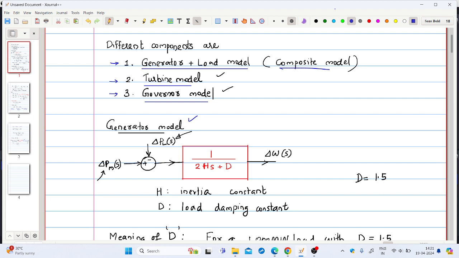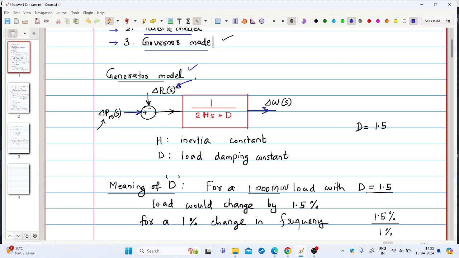On the input side you have a summing block, and the inputs are the change in mechanical power delta Pm and the change in load power delta PL, and the output of this transfer function is the change in frequency delta omega. H is the inertia constant in seconds and D is the load damping constant in per unit.